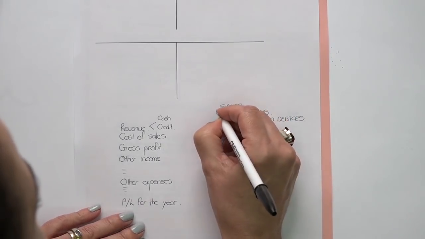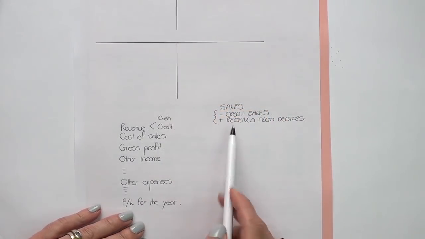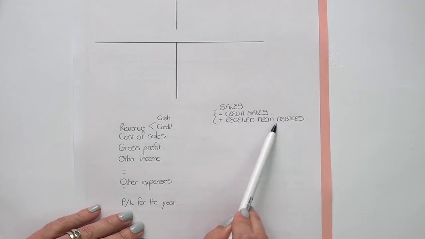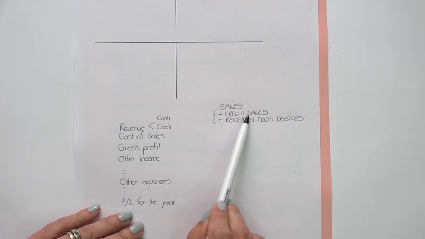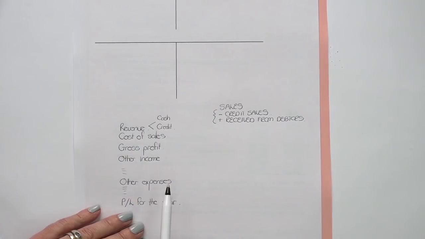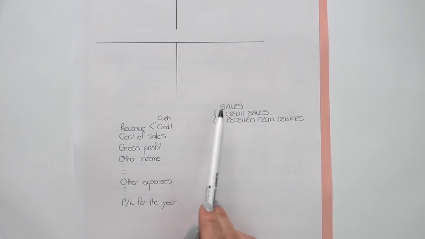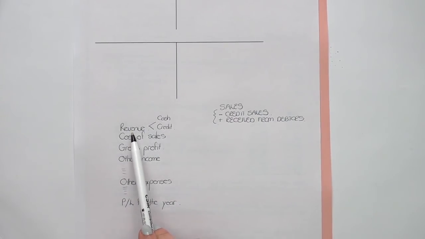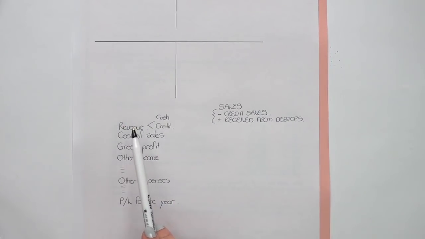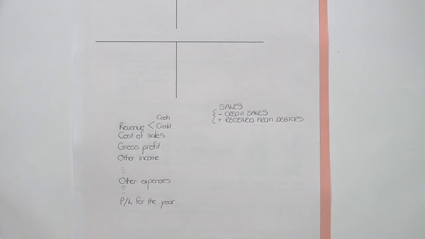If you think about these two items, in which T account will your credit sales and your amounts received from debtors be included? It will be included in our debtors control account. That is the reason why, to get to the cash receipt for revenue, we're going to reconstruct a debtors control account.